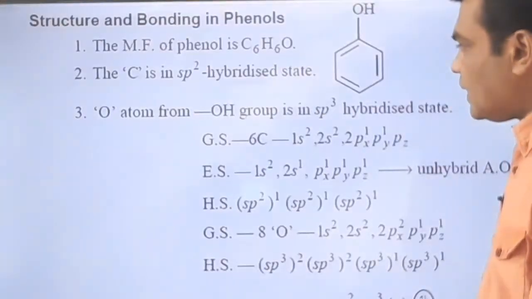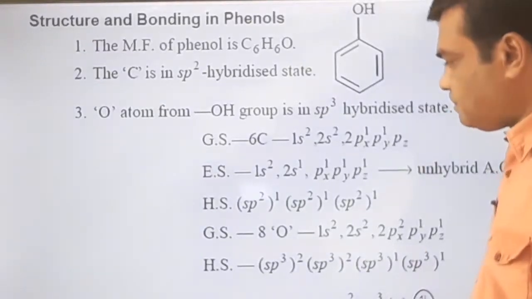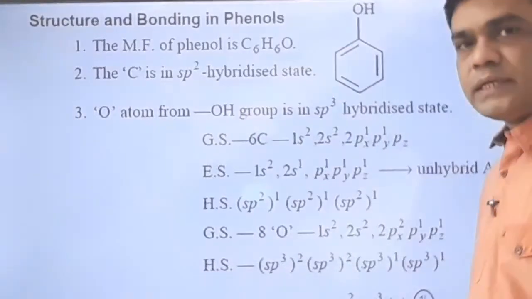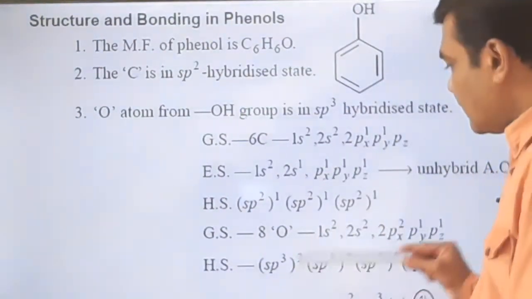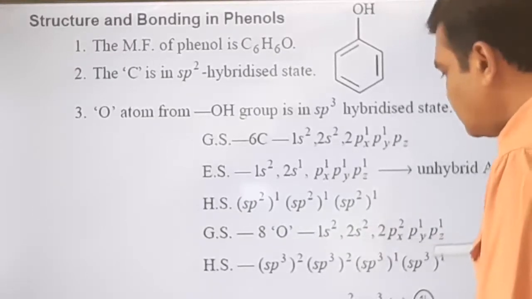Now, let us see the hybridization state of oxygen. What is the atomic number of oxygen? 8. The electronic configuration is 1s2, 2s2, 2px2, 2py1, 2pz1.